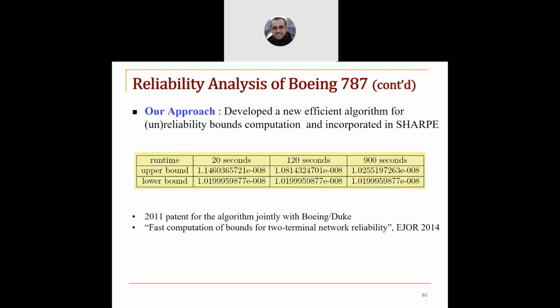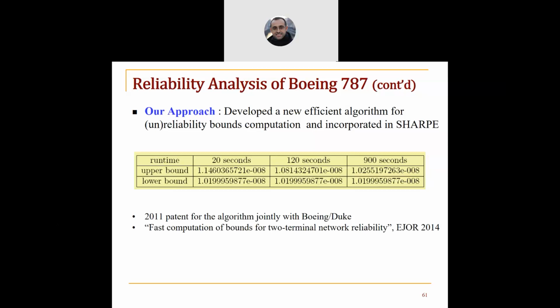And actually, there are a lot of other interesting things about real problems. So after having solved the problem, it turned out that Boeing went to the FAA with this particular solution and the model and so on. The FAA then asked them what tool was used to solve this problem. And Boeing obviously said that SHARPE and IREP.